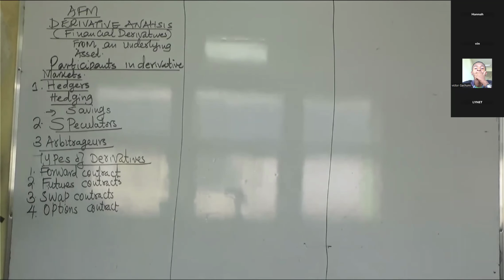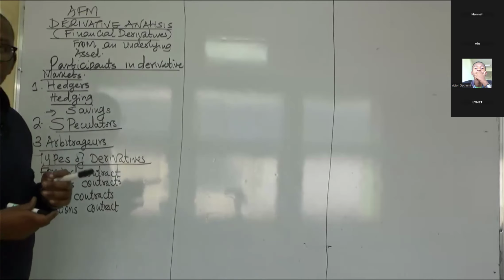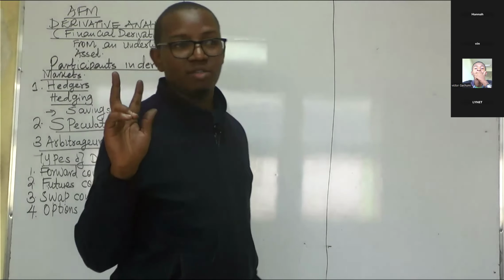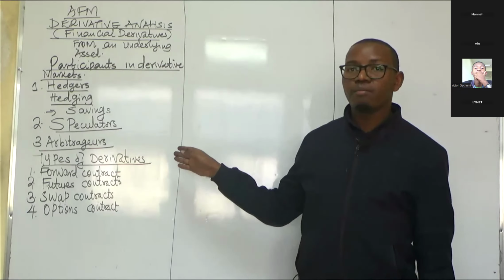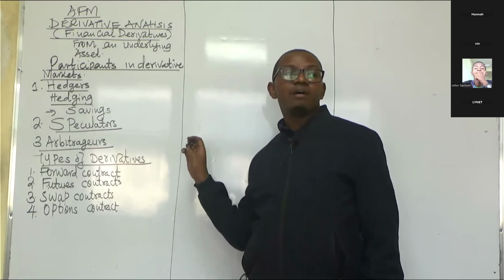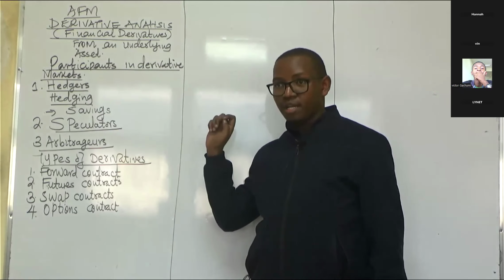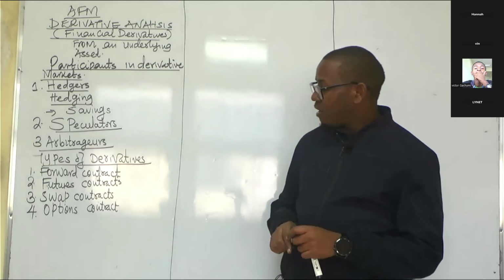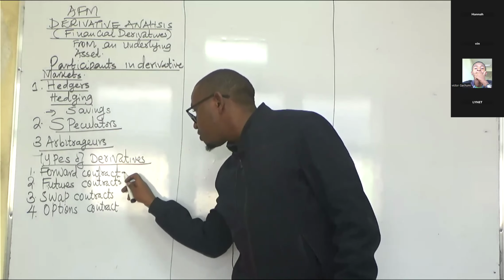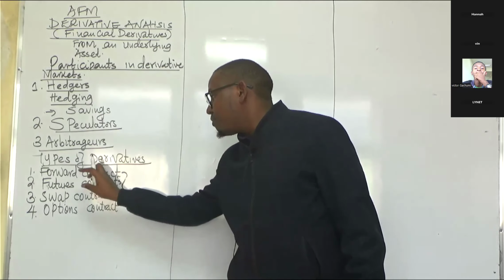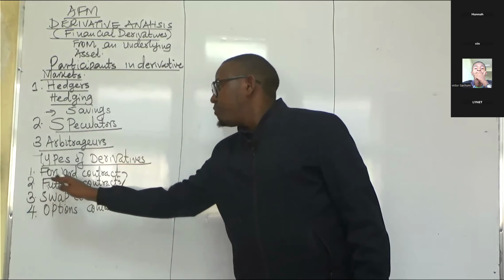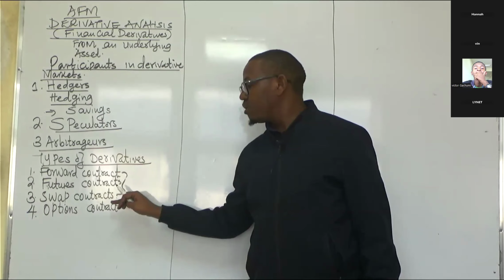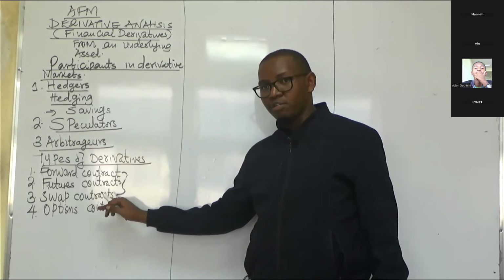Now, derivatives are majorly classified into two. They are the forward commitments, and the contingent claims. Under the category of the forward commitment is where we have these three: the forward, the futures, and the swap contracts.